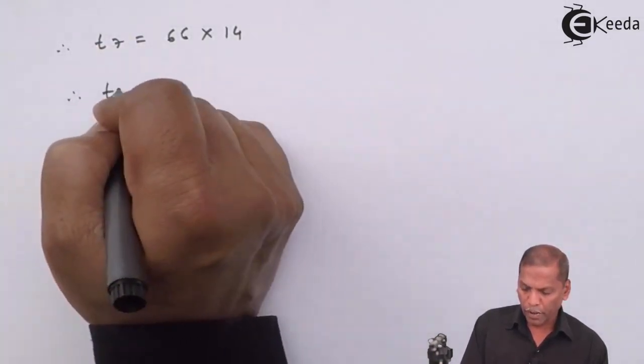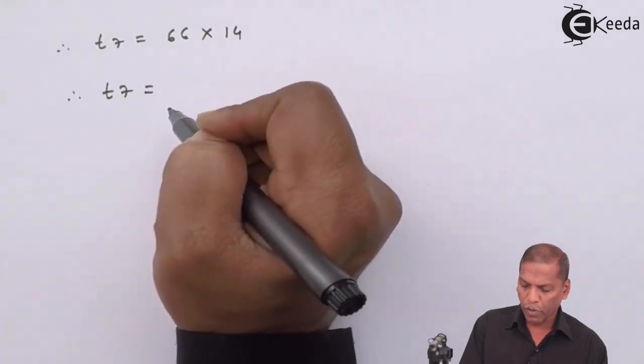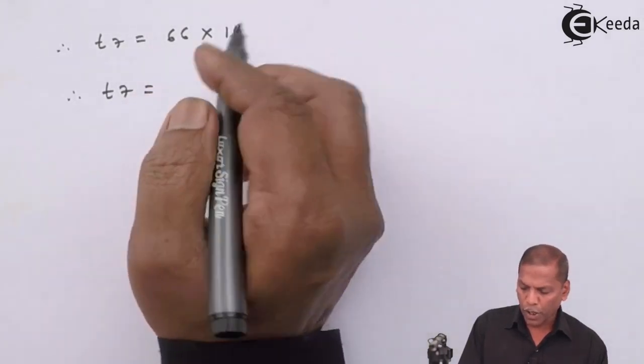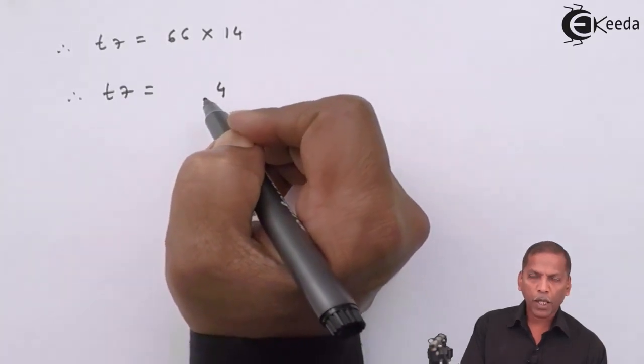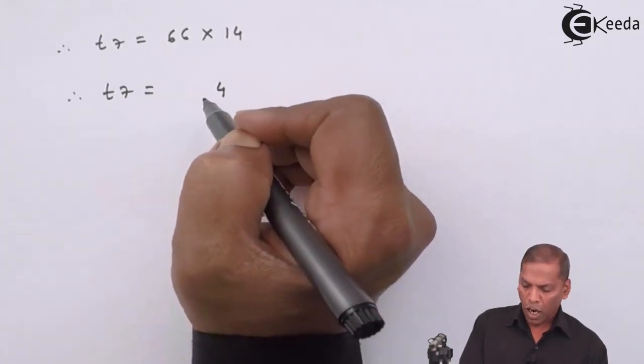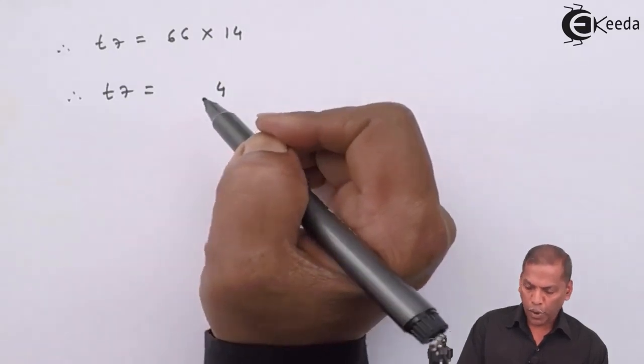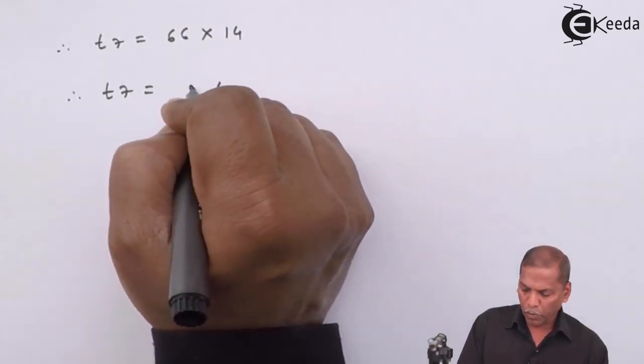So on multiplying we get T7 is equal to, now 14 sixes are 84, so 4 carry 8, again 14 sixes are 84 and plus 8, so that gives 92.